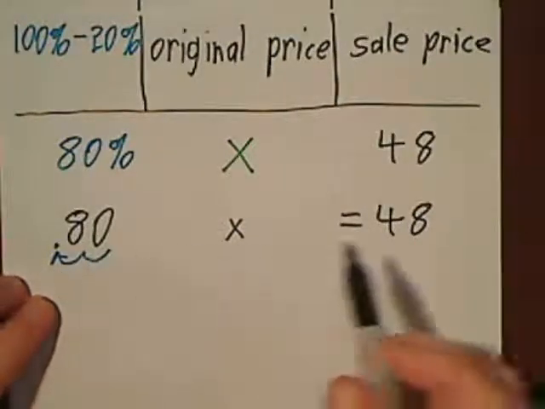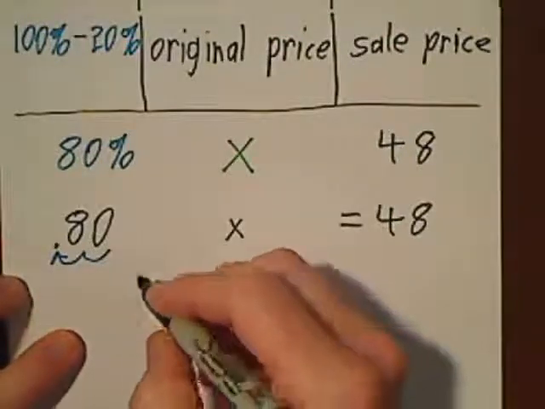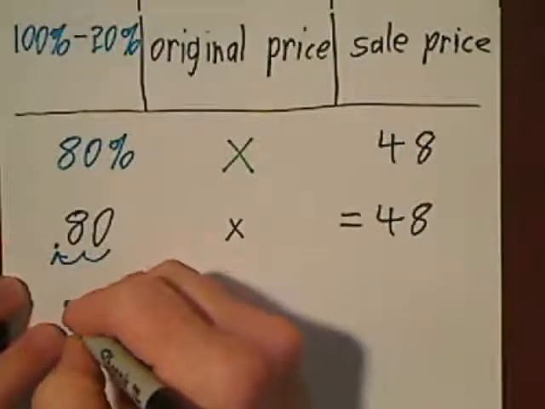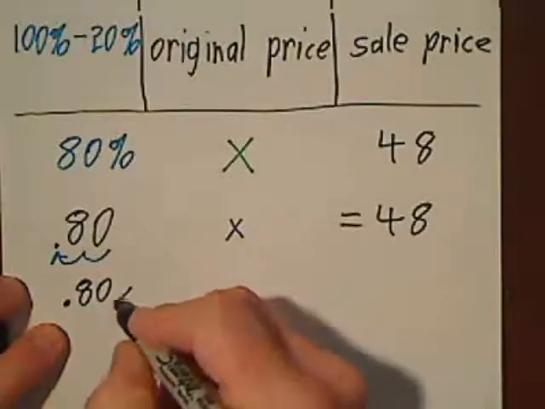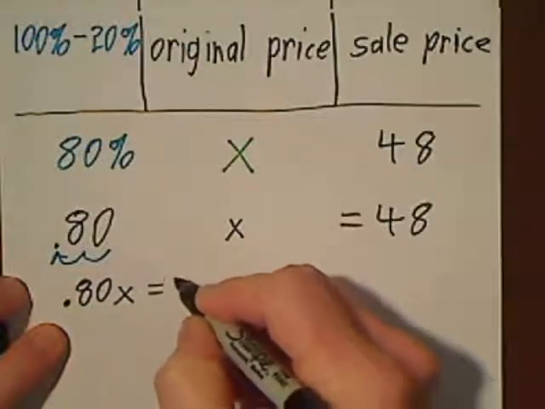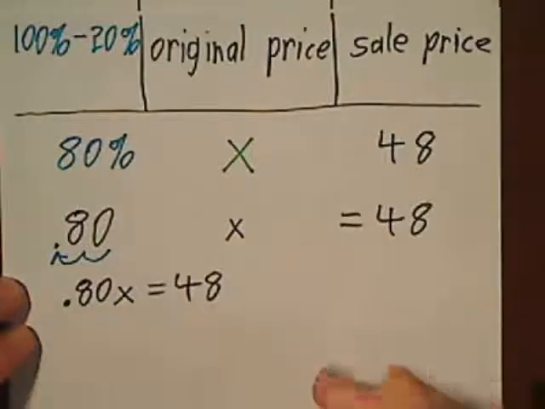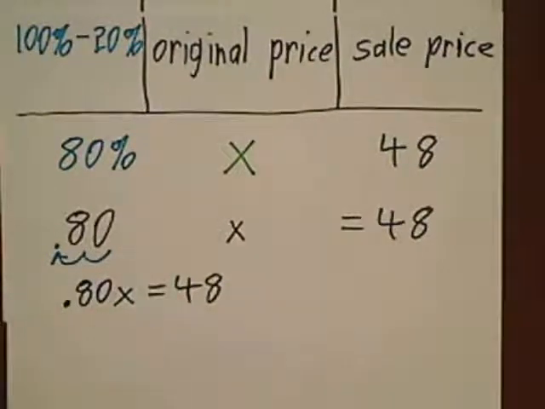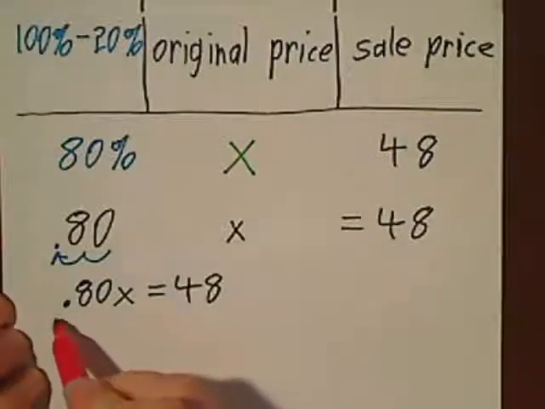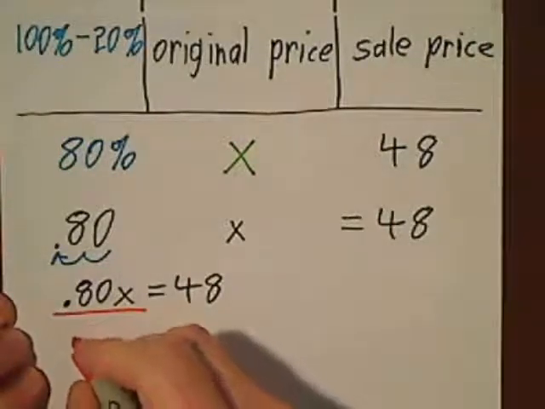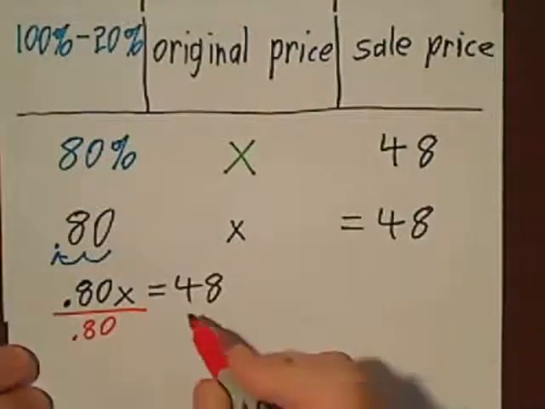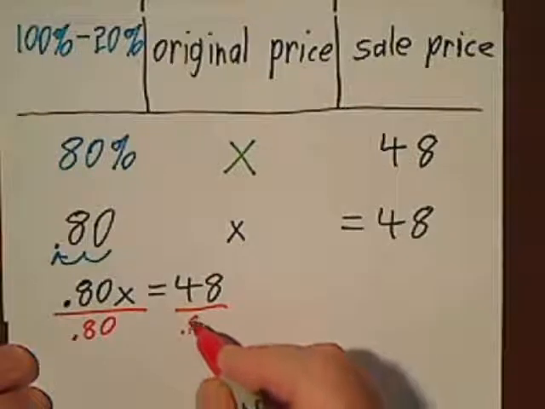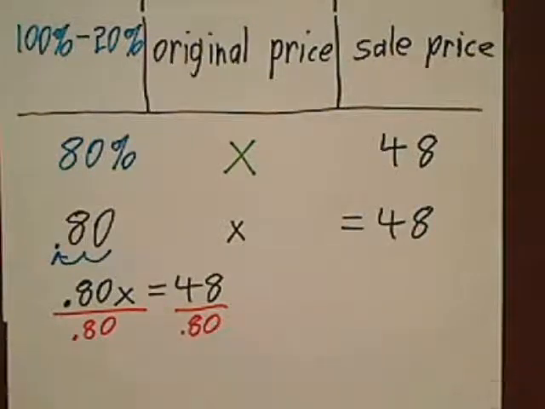For this one, I'll solve it just the way it's written. But you could drop that 0 immediately and it would make your life easier. And you want x by itself, so you divide by 0.80, which is 80 hundredths if you want to know exactly what it is.